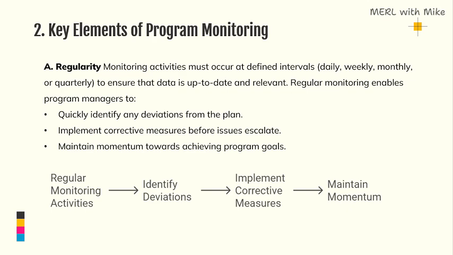It also helps program managers implement corrective measures before issues escalate. You discover an issue, and you address it before it even worsens. The other thing monitoring does is help to maintain momentum towards the program goal. If you see that your indicator is doing fine, you're at 50%, next month you're at 60%, it helps you keep that momentum so that you keep going until you hit your objective.